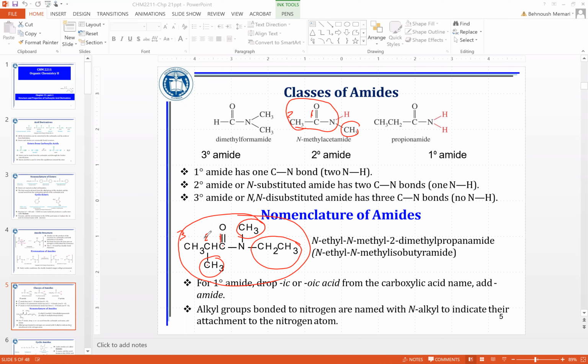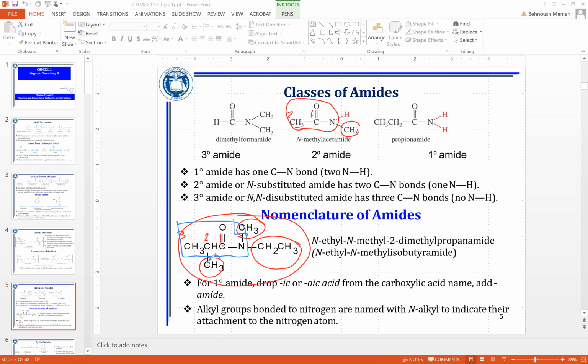So since I have 3 carbons here, with the carbonyl and the nitrogen, this blue box here, not including the CH3, is going to be propanamide. So we have propanamide, with methyl groups, 2 methyl groups.